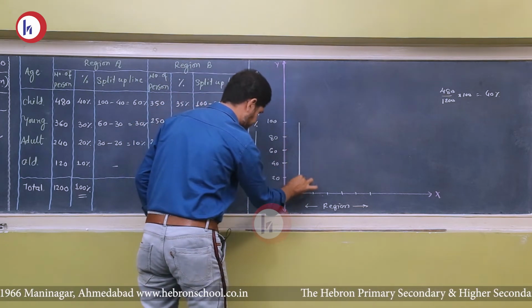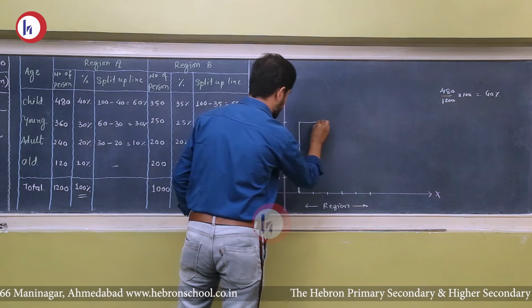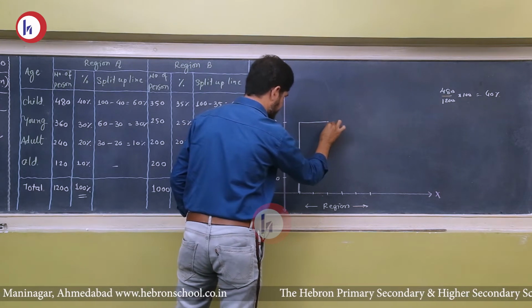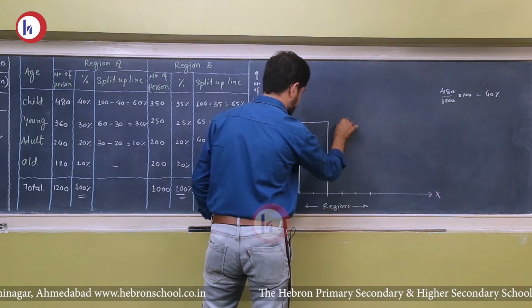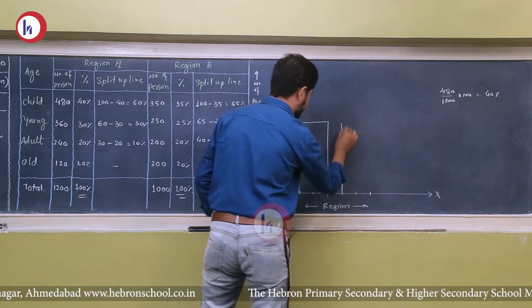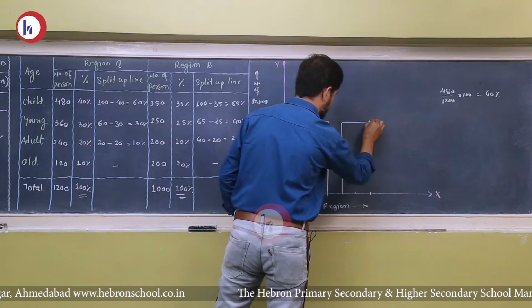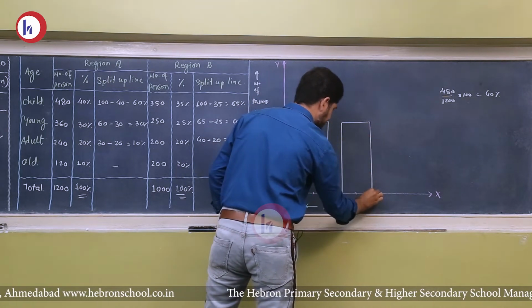So, we will use 2 centimeters to make it attractive. So, you can see the heights of both bars are the same.